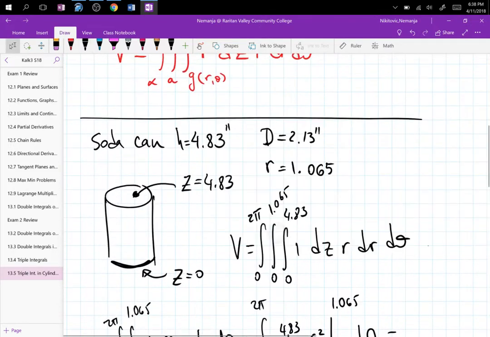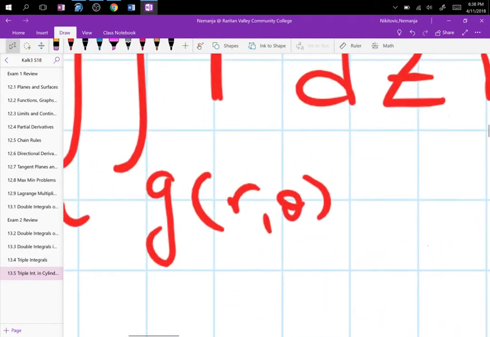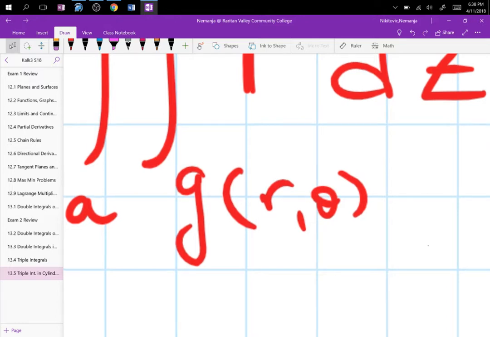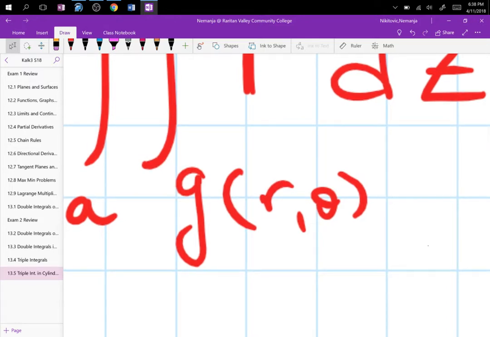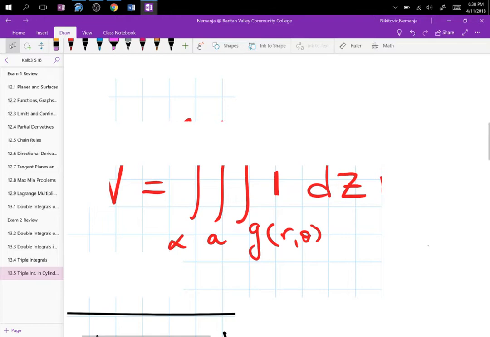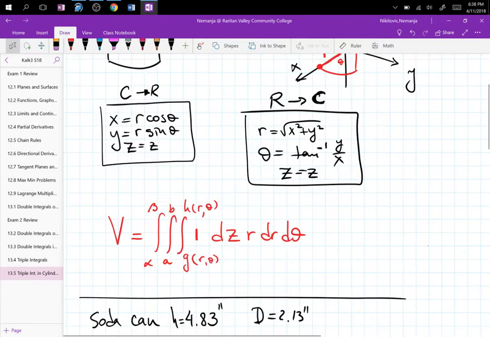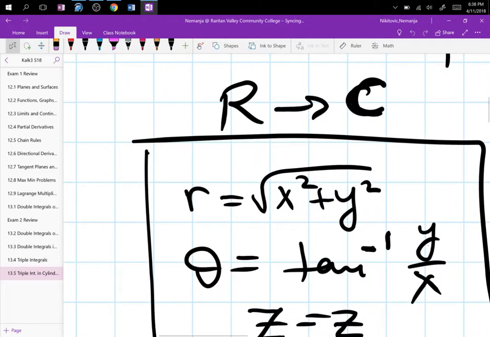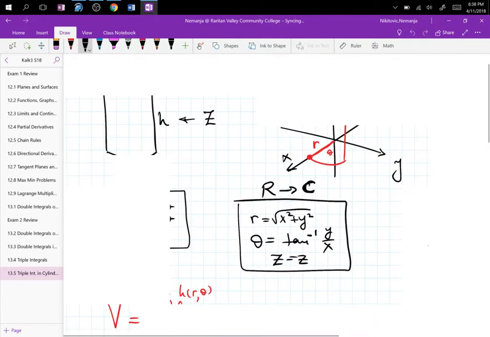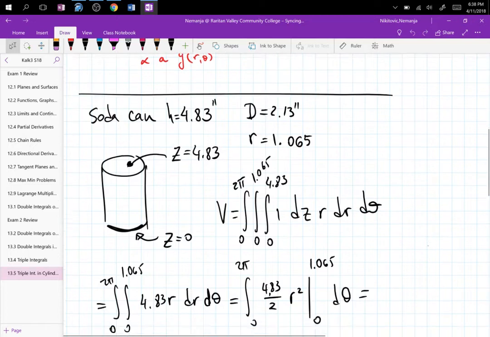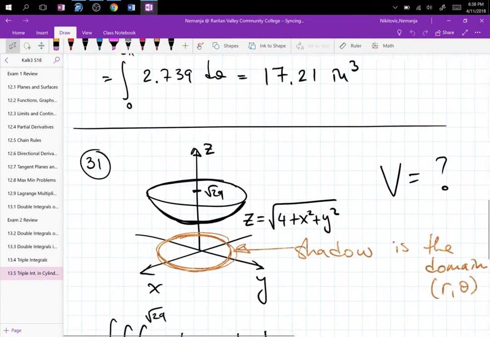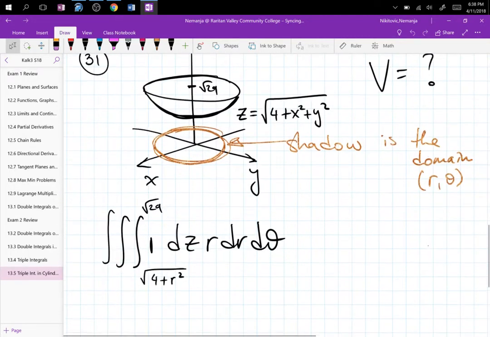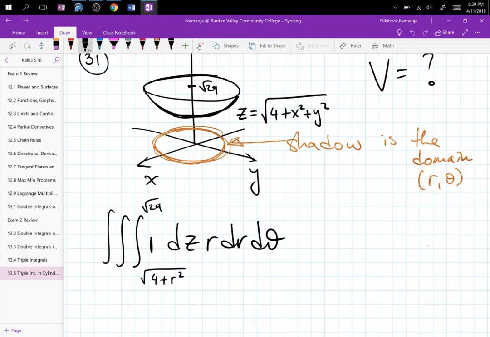If you paid attention when I was giving you the formula, function g has to be in terms of r and theta. And our conversion formula says that x squared plus y squared is equal to r squared. So what I am doing here is simply transforming this x squared plus y squared into r squared, and there we go.